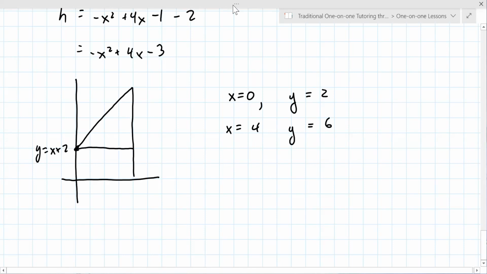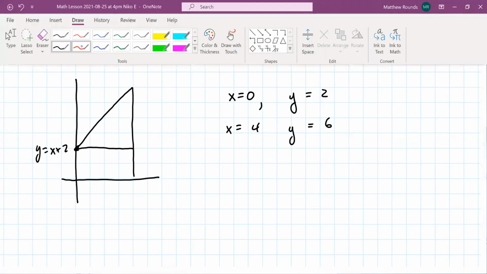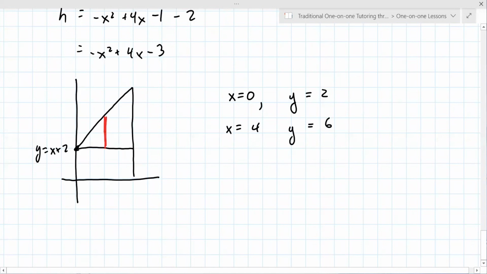Well, what we're essentially asking is I want this height right here. So let's go to x equals 2, y equals 4, but we know that this height is 2. We can visually see that. But 4 is right there, so how do you get 2? Well, you have to subtract out this part down here.